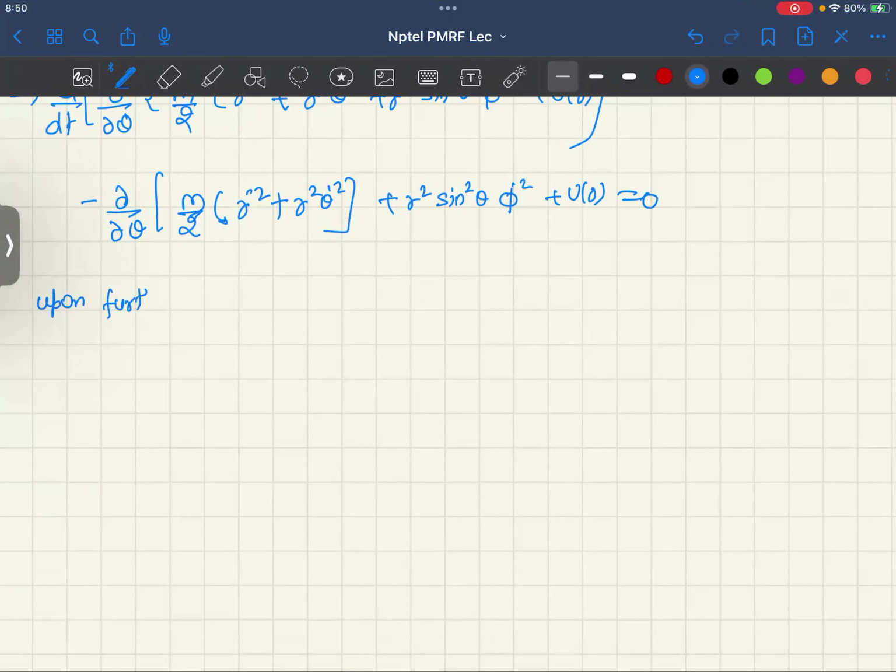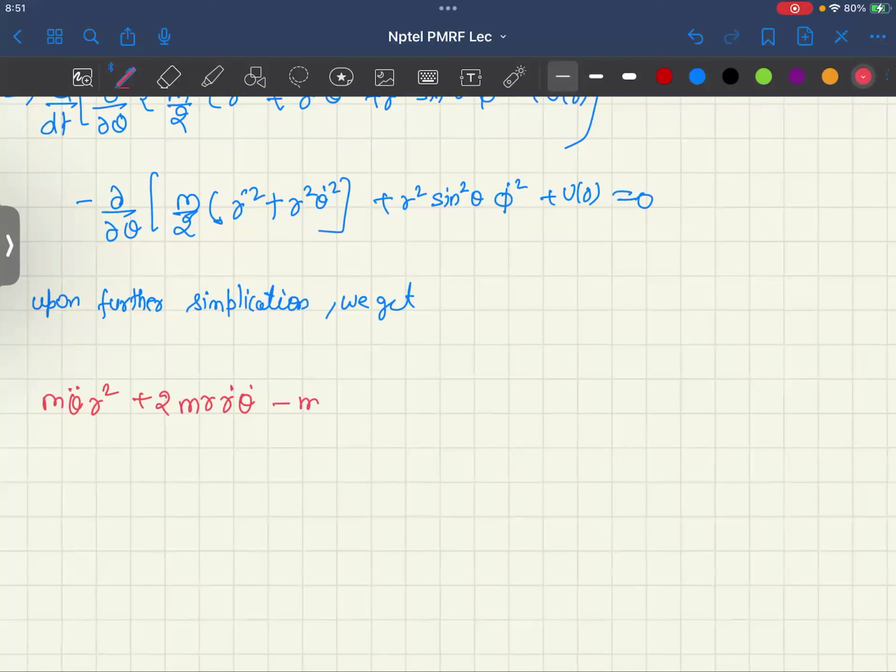Upon further simplification, we get m r square theta double dot plus 2 m r r dot theta dot minus m r square phi dot square sin theta cos theta is equal to 0.